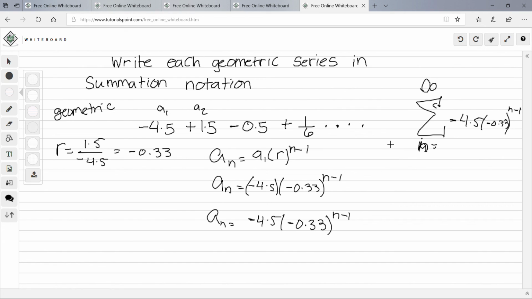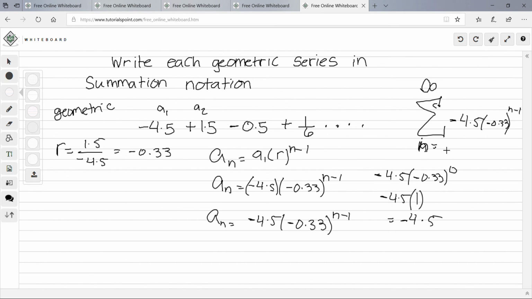So let's try n equals 1. When n equals 1, n minus 1 is 1 minus 1, which is 0, right? Anything to the 0 power is 1, and then times negative 4.5 gives us negative 4.5. So that's our first term, which is true, it is negative 4.5.